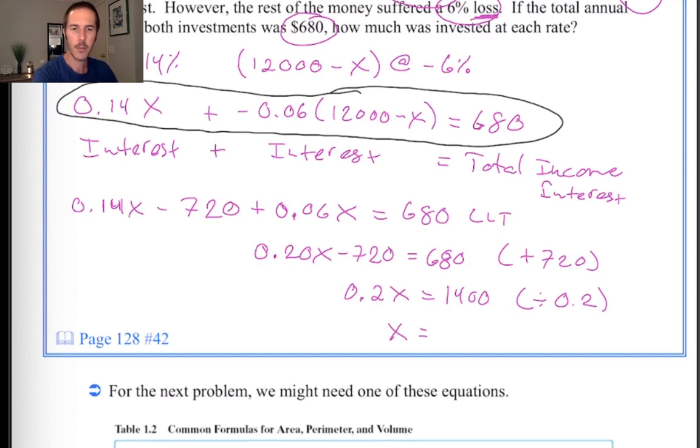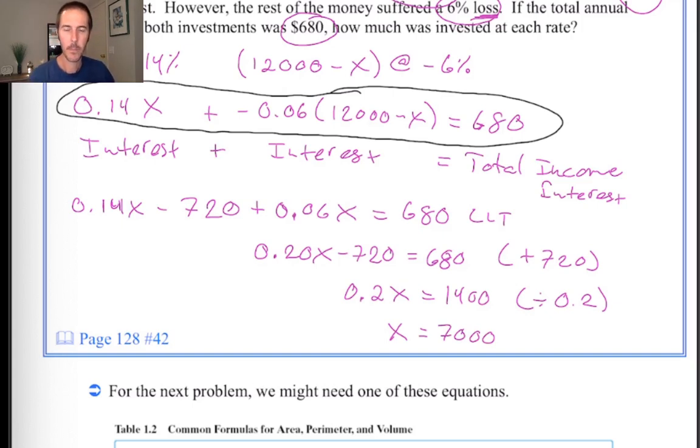So we need to divide both sides by 0.2. If we had multiplied both sides by 10 first, then we'd have 2x equals 14,000, and we could divide both sides by 2, and we'd have x equals 7,000. Or you can use a 4-function calculator, or probably an abacus, really. This is pretty easy arithmetic. We've got an x value of 7,000.